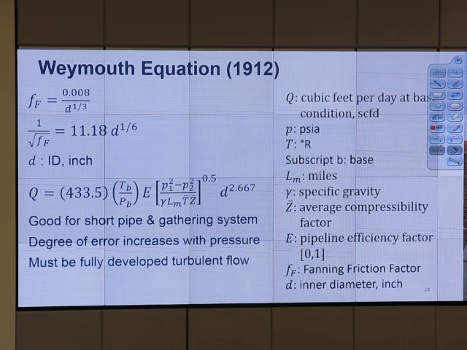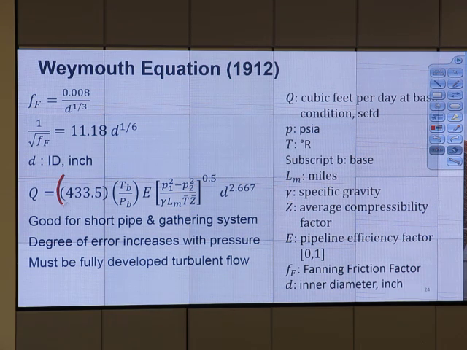It is for flow in a production facility, a short pipe. It is good up to 12 inch. Above 12 inch, don't use the Weymouth equation. So the Weymouth equation is for flow in the facility, short pipelines. Let's take a look at it.